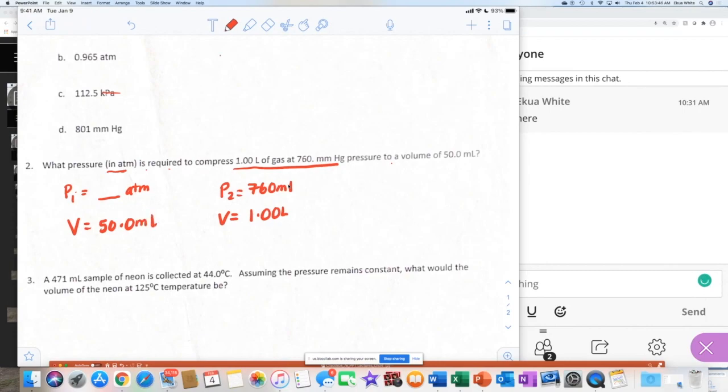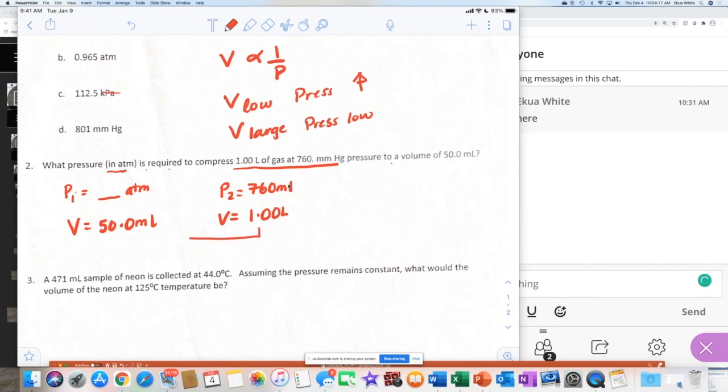The law says the volume and the pressure are inversely proportional. That means if the volume is low, the pressure has to be high. If the volume is large, the pressure has to be low. So we're going from a large volume to a small volume.